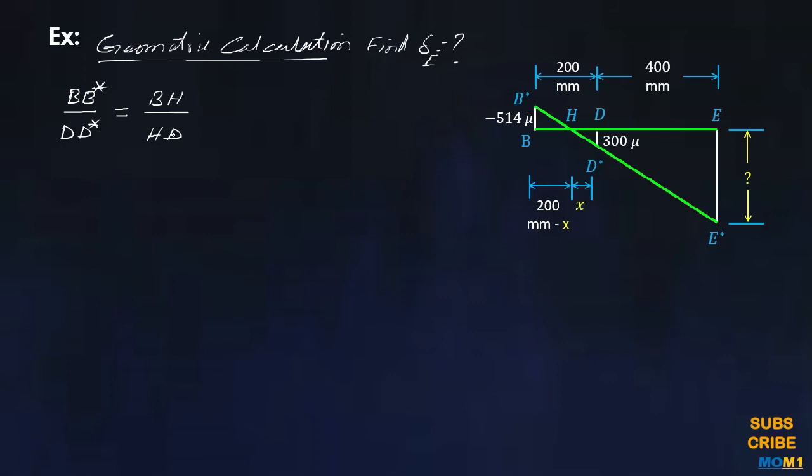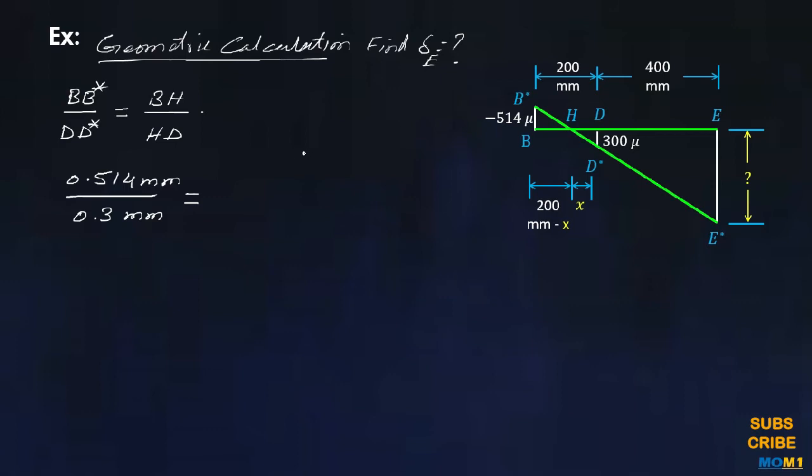So for this we write 0.514 millimeter upon this D dash, that is 0.3 millimeter, equals BH.